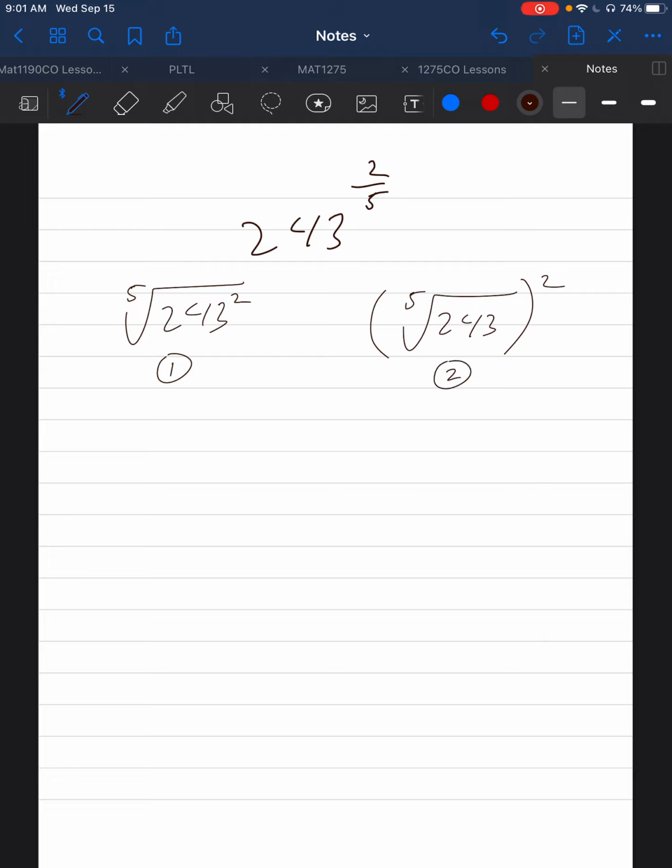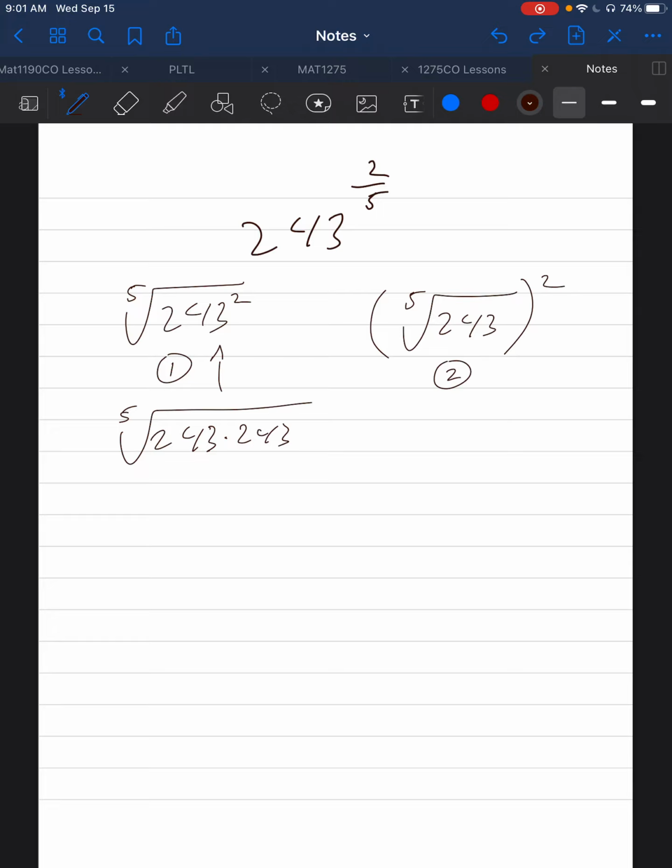Now in scenario number 1, this requires us to multiply 243 times 243 and then take the 5th root of that value. Scenario 2 has us finding the 5th root of 243 first and then raising that number to the 2nd.